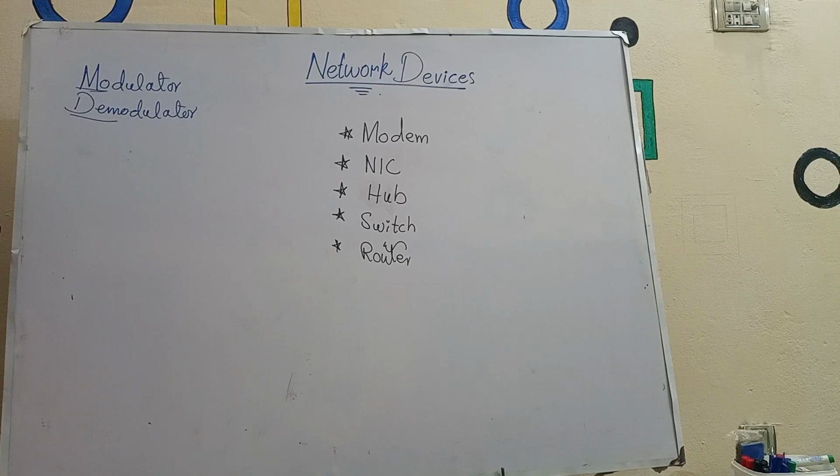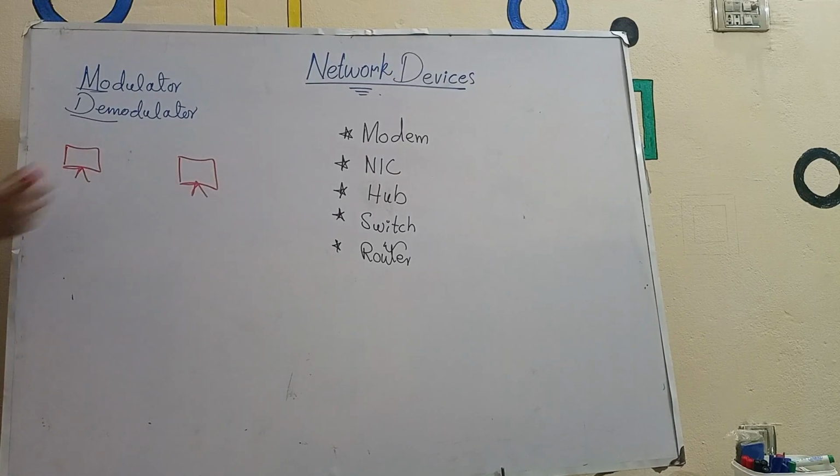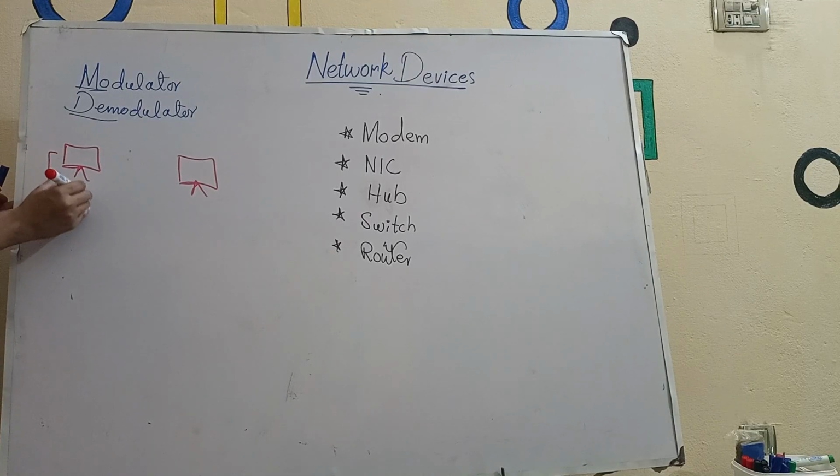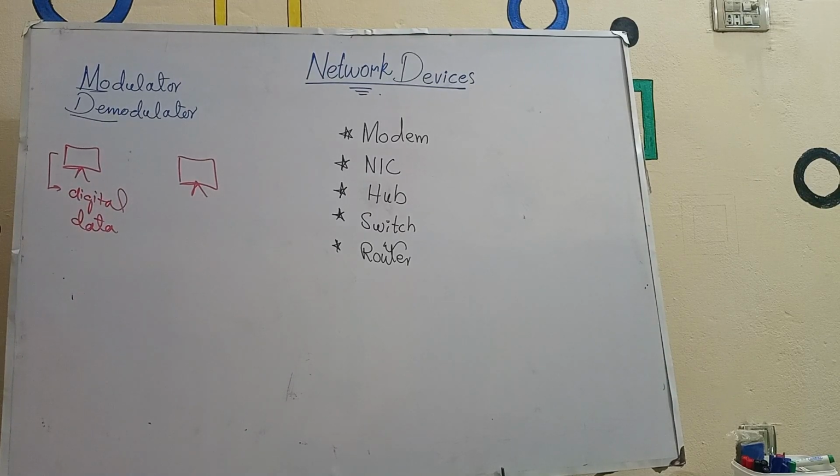As you know, whenever the communication or networking is between two or more systems or computers, the system or computer understands the digital data, that is in the form of binary, a combination of zeros and ones. It understands the instructions that are digital.